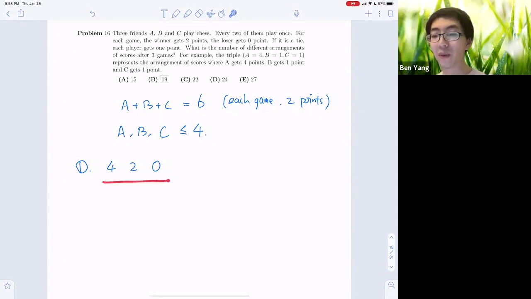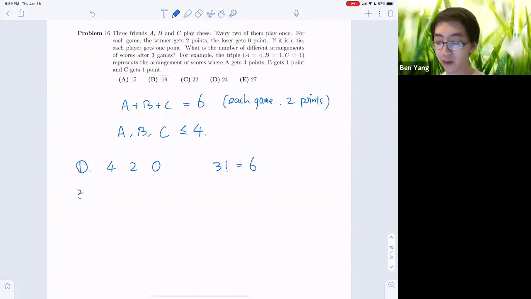This is definitely possible because this guy can just win 2 games, and for the game between those 2 guys, one of them wins, so he's gonna get 2 points, and the other loses again. He will get 0. So this is definitely possible, and the number of different arrangements there is just 6 because it's 3 factorial. So 3 factorial, that's equal to 6.